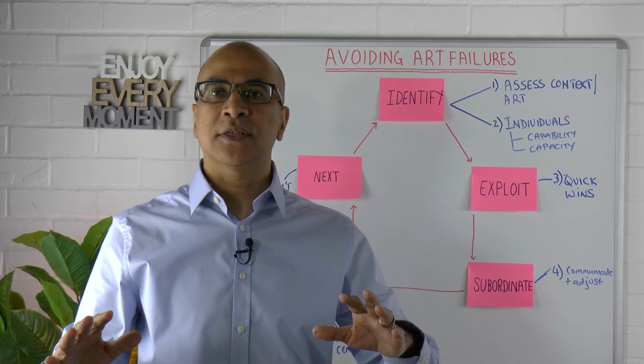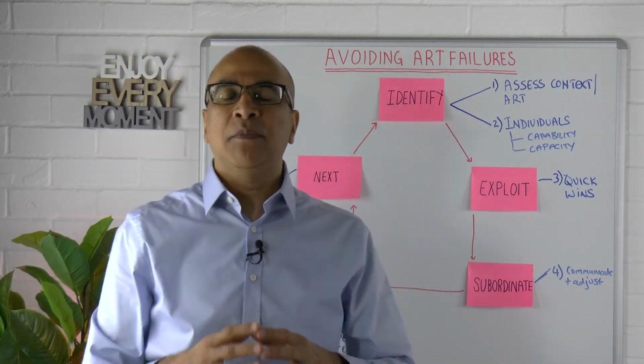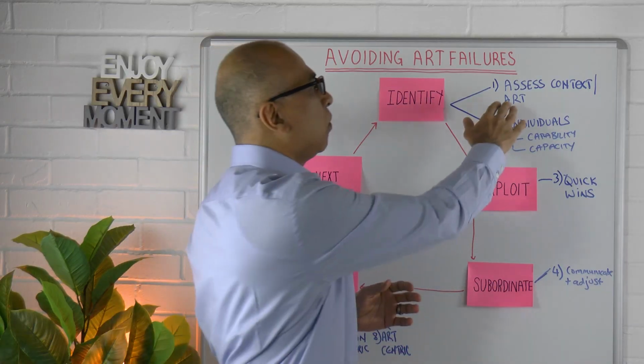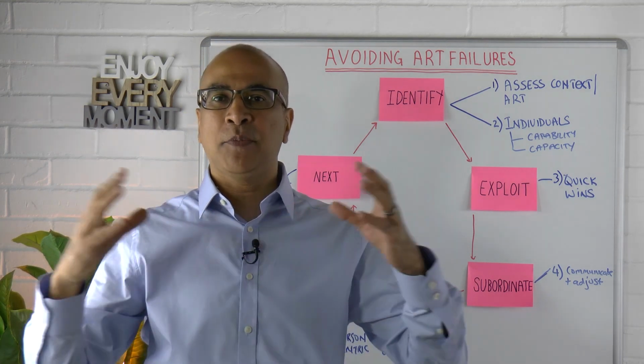Regardless of what it is, we need to identify that problem or that constraint, and we need to see what the impact of that constraint is. So step number one, we need to identify the most important and the most impactful constraint that we have on our Agile Release Train. Now this can fall into one of two main areas, at least that's how I like to think about it. One is that constraint that is there based upon our context.